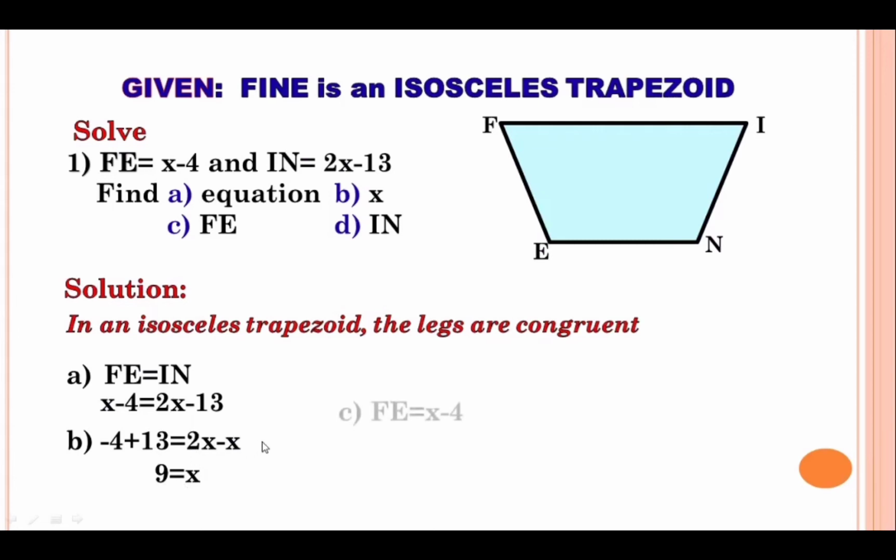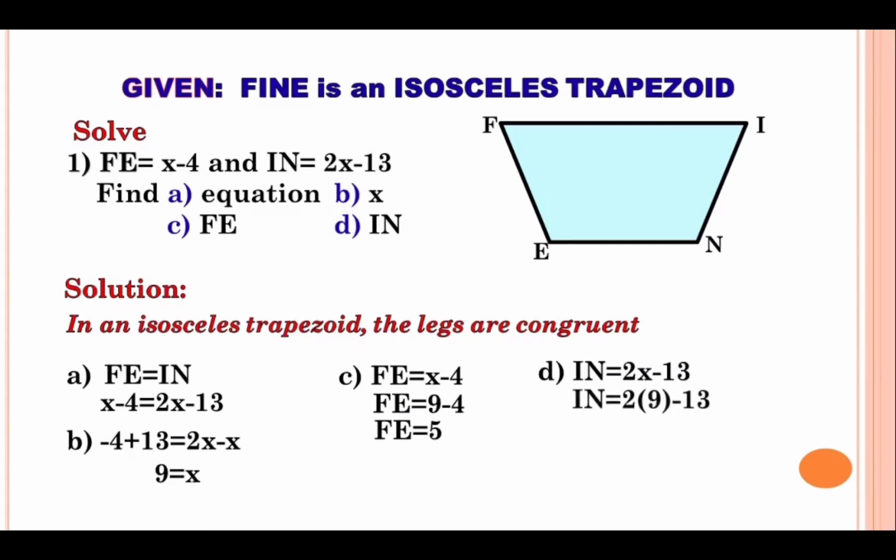Solving for FE, FE is represented by x minus 4. So by substitution, in place of x, we write 9. Therefore, we have 9 minus 4, and 9 minus 4 is equal to 5. And to find IN, which is represented by 2x minus 13, by substitution, in place of x, we write 9.